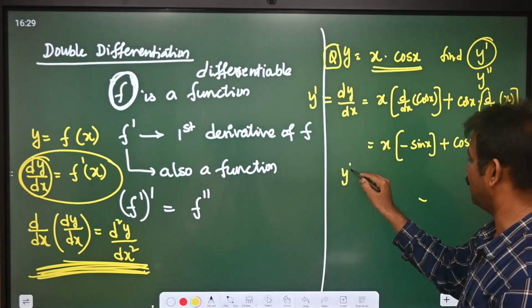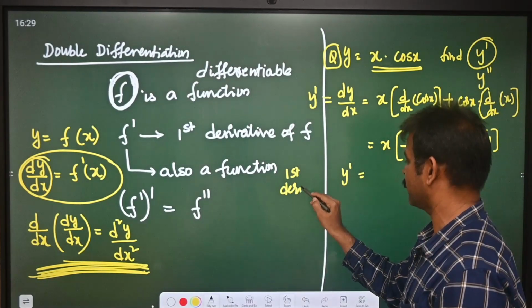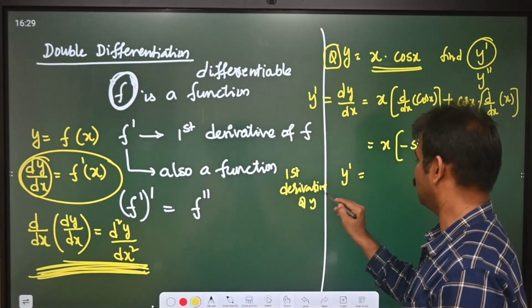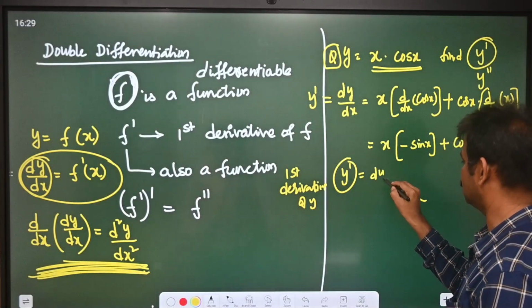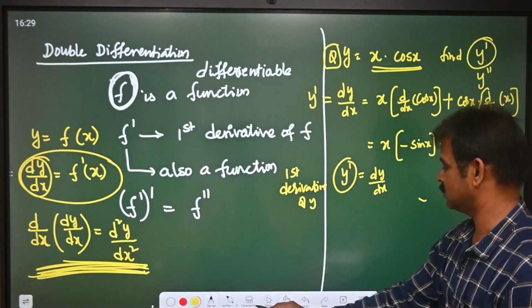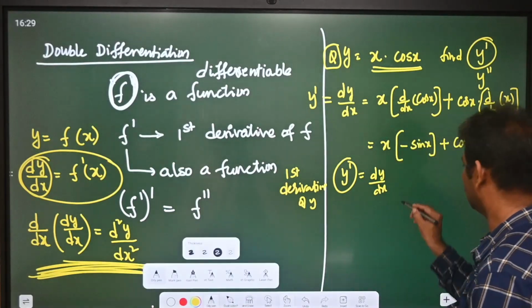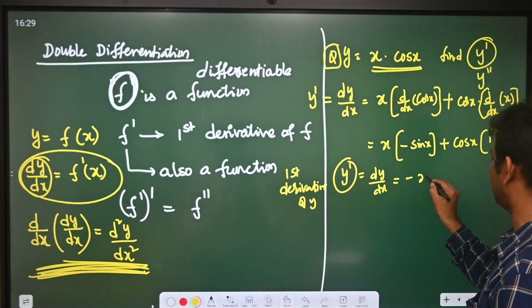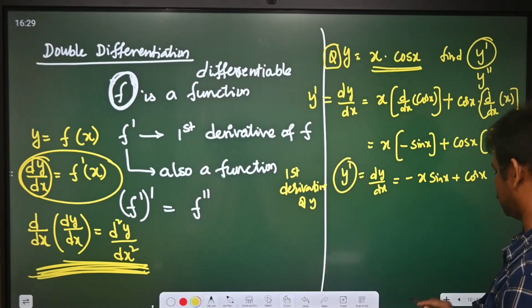So this is called the first derivative of y. The first derivative of y, we call it y prime or dy by dx, which is written as minus x sin x plus cos x.